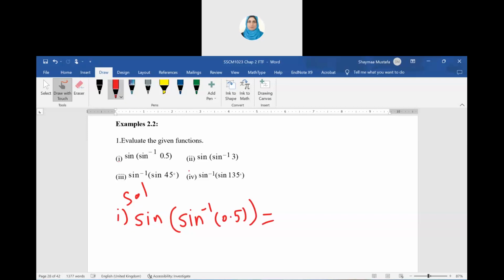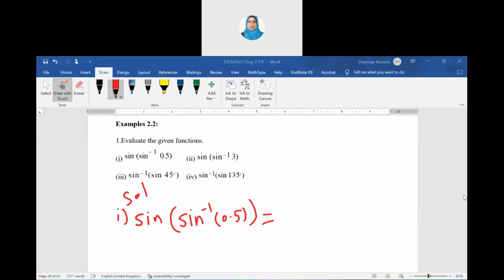Sine of sine inverse 0.5. This one equals what? 0.5. Sine of sine inverse 0.5 equals what?